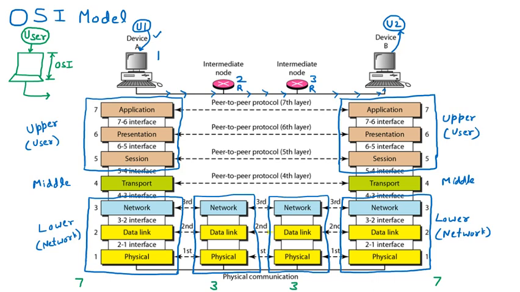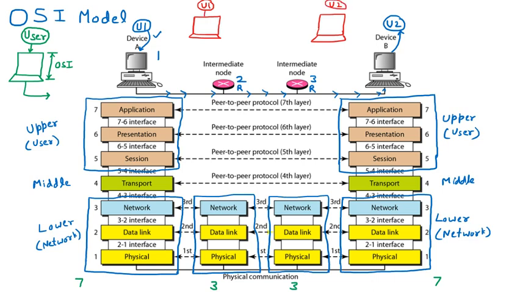Now with this diagram we are learning that simply there is a system. In this system the user 1 is here, and there is another system where we have user 2.